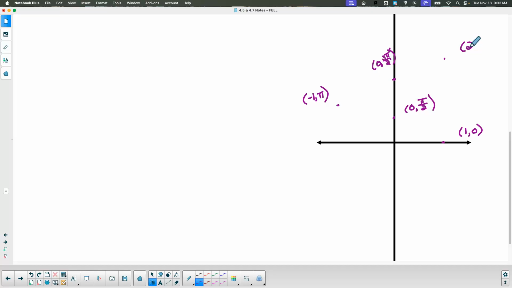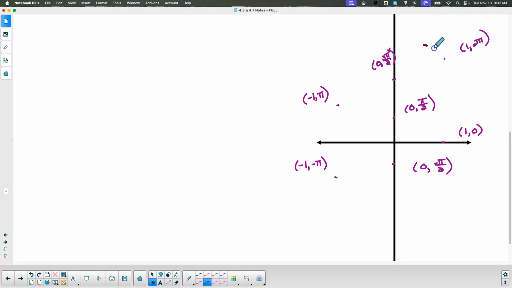Oops, got that wrong. 2 pi, comma 1 becomes 1, comma 2 pi. Negative pi over 2, comma 0 becomes 0, comma negative pi over 2. Negative pi, comma negative 1 becomes negative 1, comma negative pi. And so on and so forth.